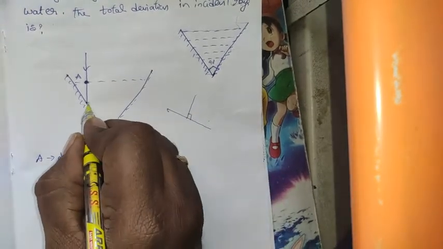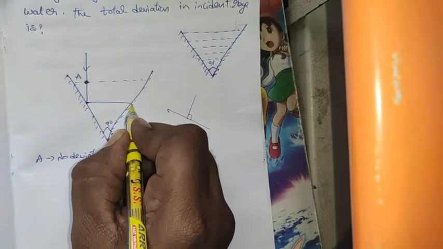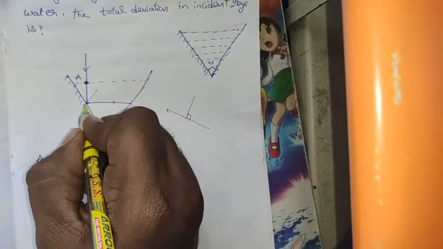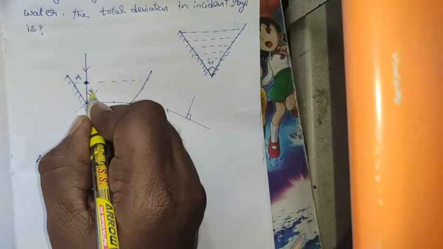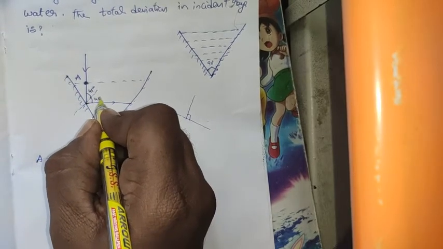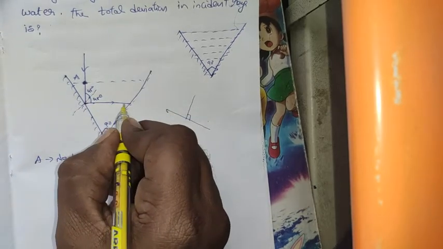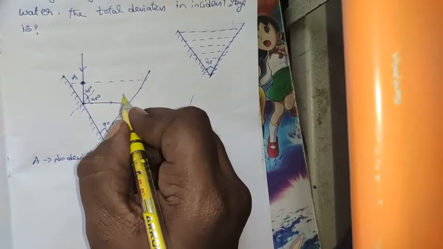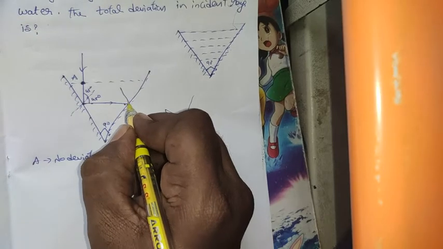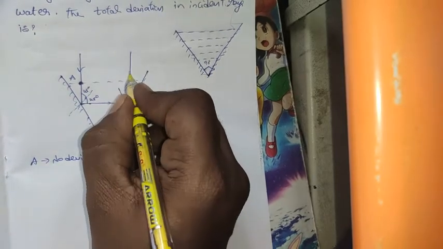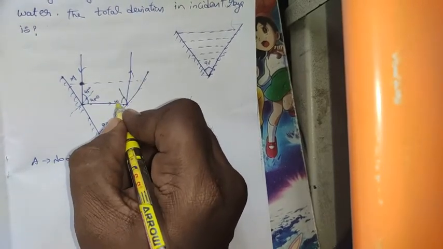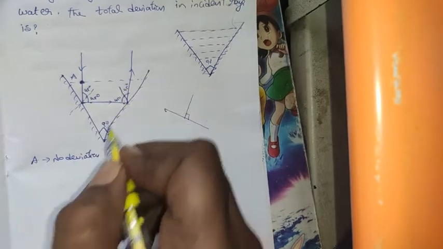The ray will be deflected like this. The angle here is 45 degrees and here also 45 degrees. With 45 degrees again it will be deflected exactly perpendicular and emerge out like this. Here also it is 45 degrees.